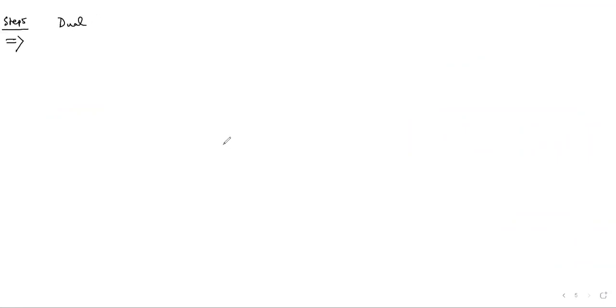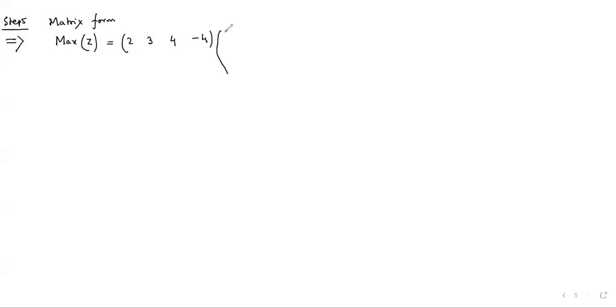Oh, before that, not that. In step number 5, we are not going to write the dual. We are going to write the matrix form of the given problem. So what is the matrix form? Max Z, 2, 3, 4, minus 4.